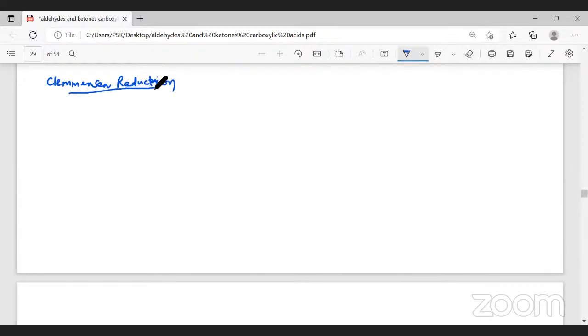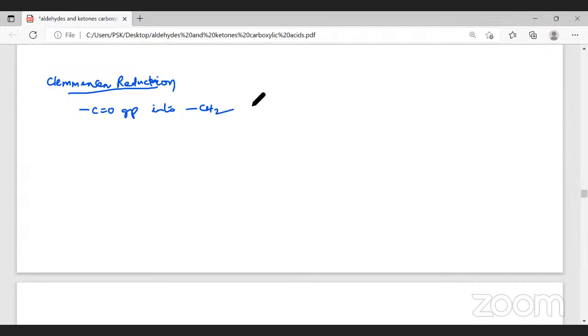Now, what is this Clemmensen's reduction? A process of converting a carbonyl group into a methylene group, CH2 group, is called Clemmensen's reduction.